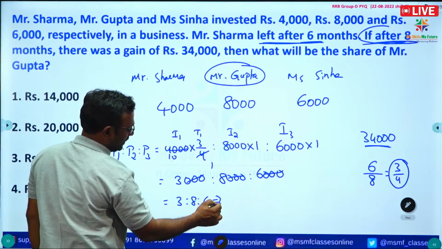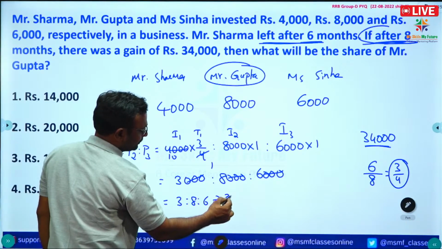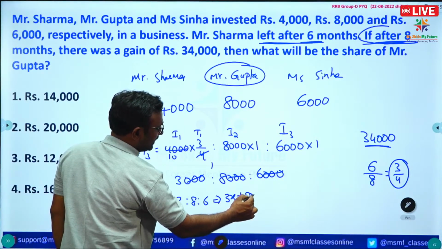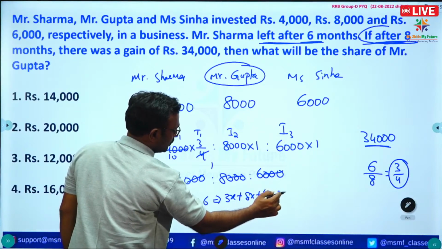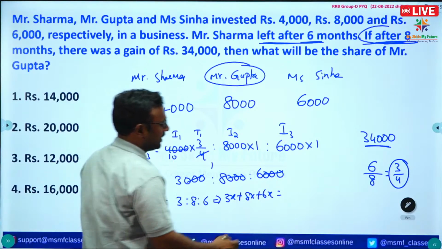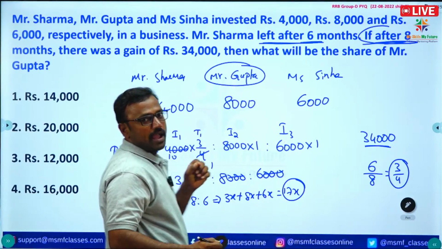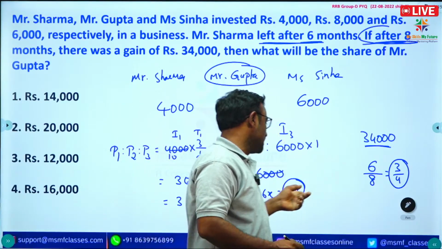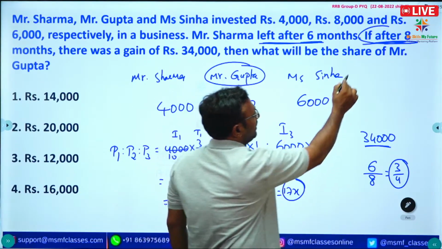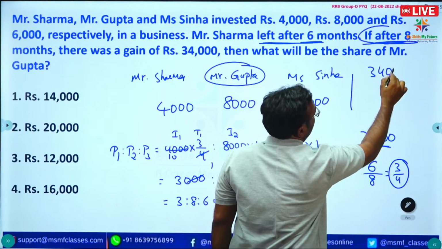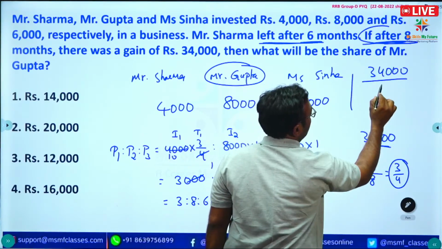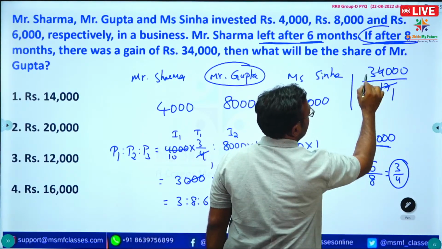We can write 3x plus 8x plus 6x. 3 plus 8 is 11, 11 plus 6 is 17, so 17x. They divide the total profit into 17 equal parts. The given profit amount is 34,000. Just divide with 17.